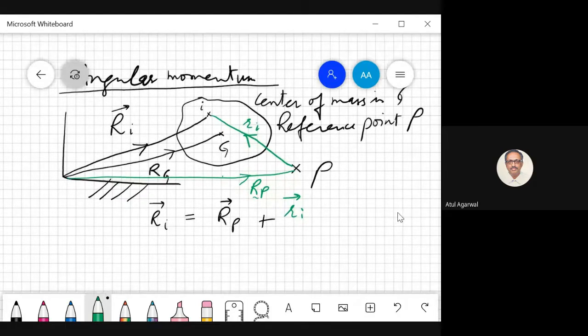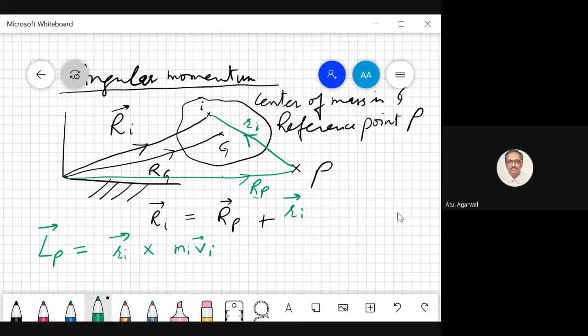No, sir. Okay. Now we want to find angular momentum about point P. So what will it be? We are finding angular momentum as seen from the observer at P. So that will be the cross product of ri cross mi vi.